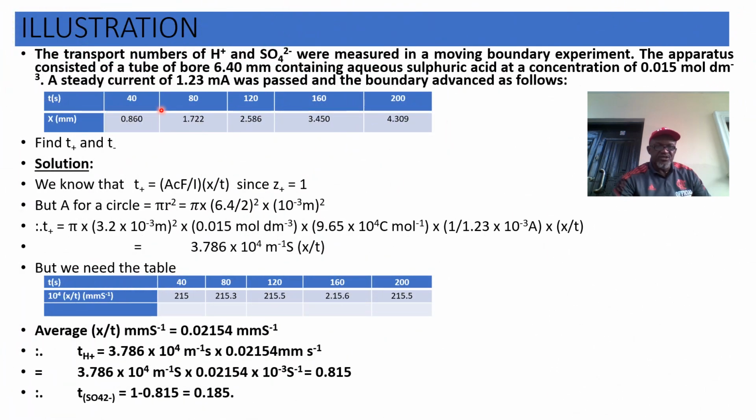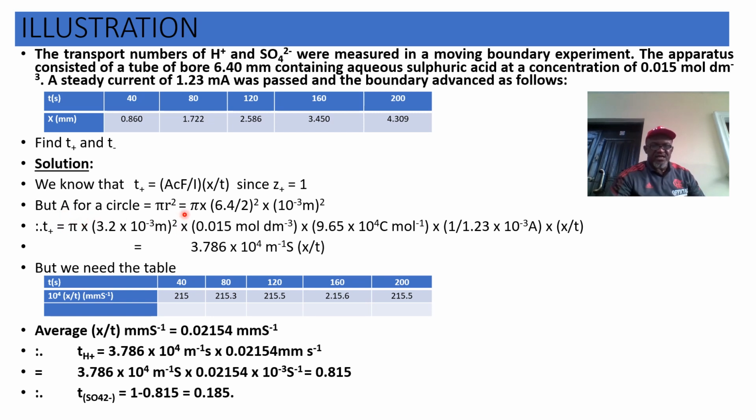This is an illustration. Transport number of hydrogen ion and sulfate ion, and we are given the millimeter, that is the apparatus, the tube, and then we are given the concentration, and this is the advancement of the boundary. We are told to find T plus and T minus. We state the equation where Z plus is 1.